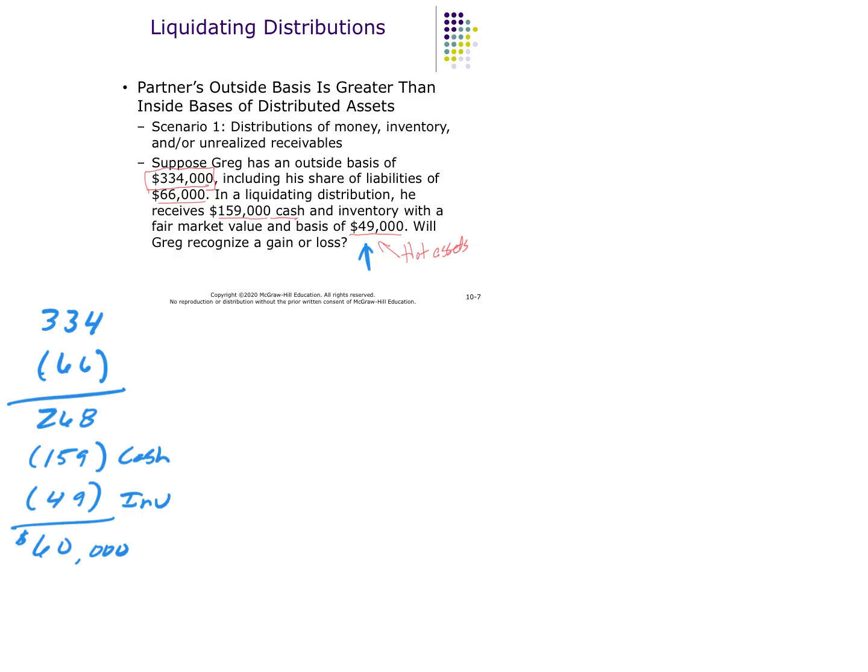So what that means is his outside basis was larger than what he received from the partnership in the distribution. So Greg is going to have a $60,000 loss, and he is going to recognize that.